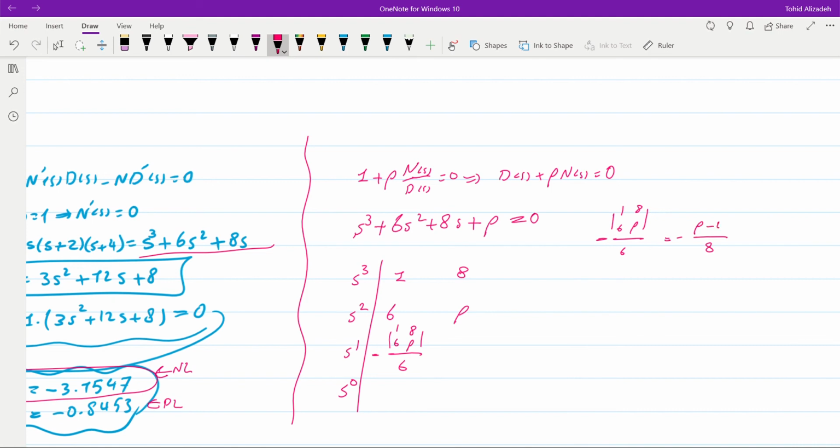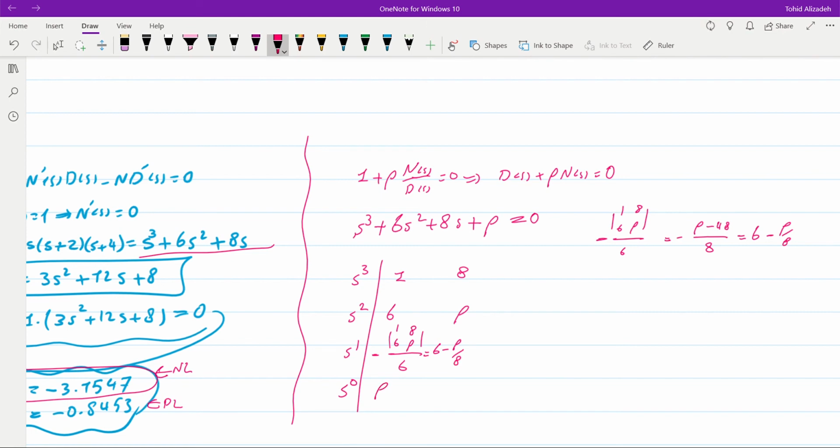Rho minus 48, and this is equal to 6 minus rho over 8. So we will have 6 minus rho over 8, and over here we will have rho.